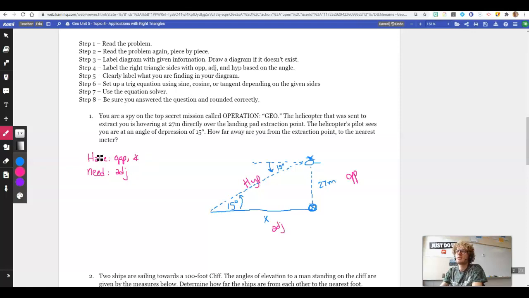Based on this, we see that we have the opposite and the angle, and we need adjacent. The trig function that has all three of these things is the tangent function. Tangent, if you remember, is opposite over adjacent.